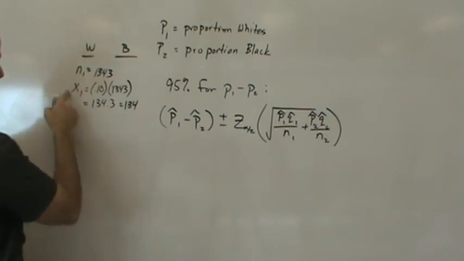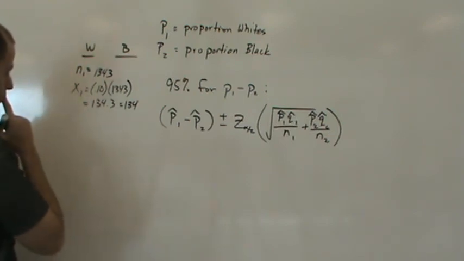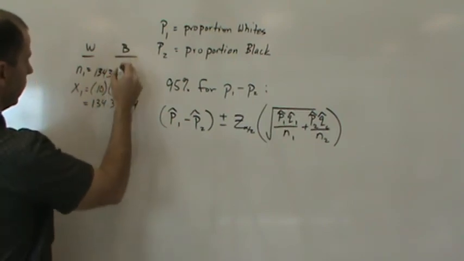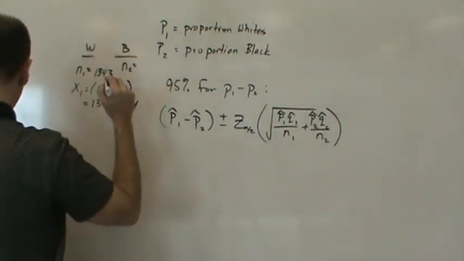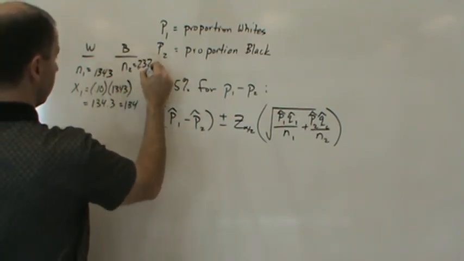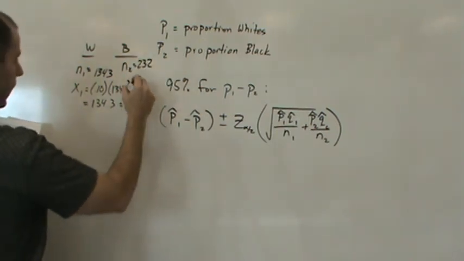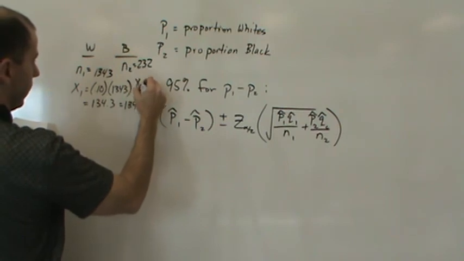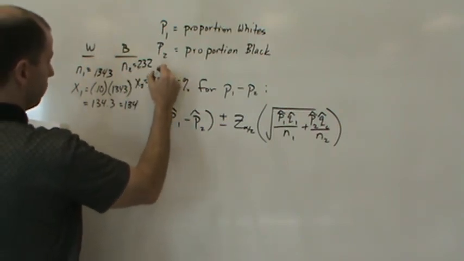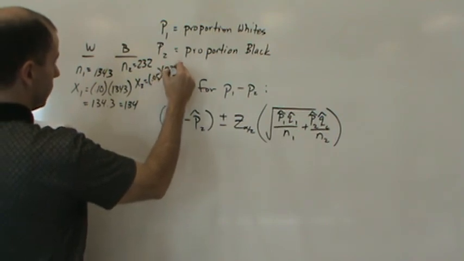Okay, so now we have X1 and N1. And here N2 is 232. And so X2 is going to be 5% of this, so 0.05 times 232.